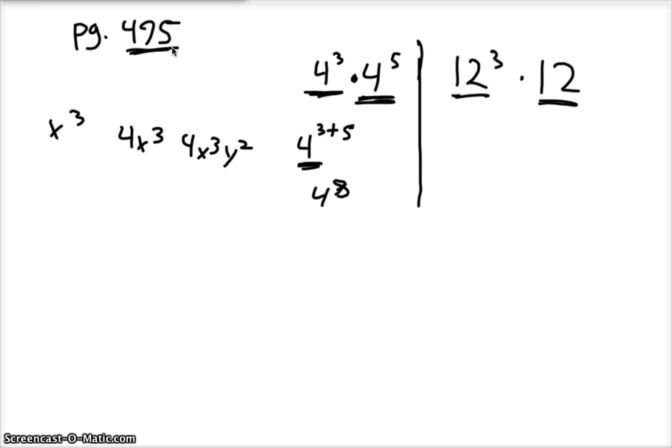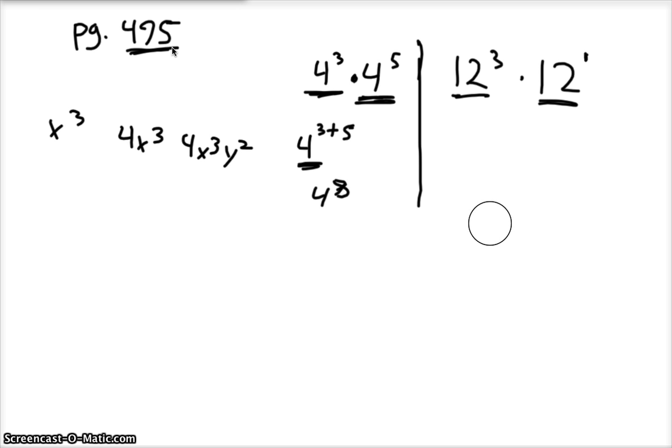Okay, so whenever we're multiplying monomials with a common base, you add the exponents together. For example, here we have 12 to the power of 3 times 12. To make it a little easier, I'm going to put a 1 up here, just to help you out. It's kind of like writing x all by itself, which automatically means 1x.